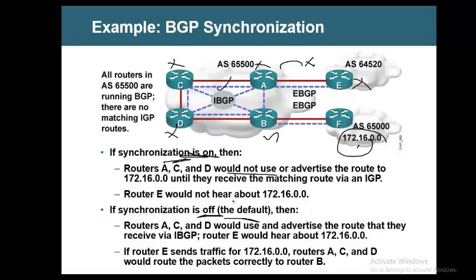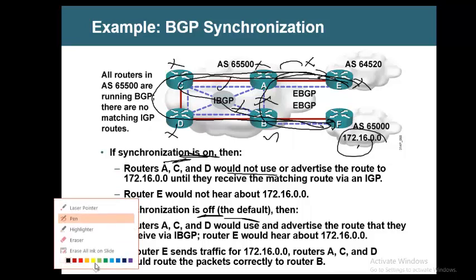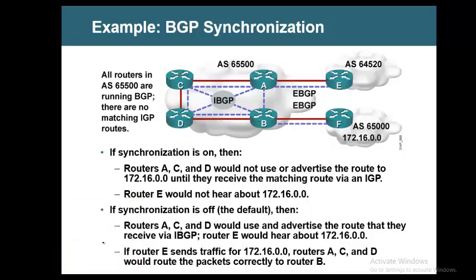Now there is no problem in using and advertising. Advertisement will now go to E, and E will use it to reach this. If this link goes down, E will reach this path to come. If this link also goes down, E will reach this path to come, because D, C, and A are all going to use it.